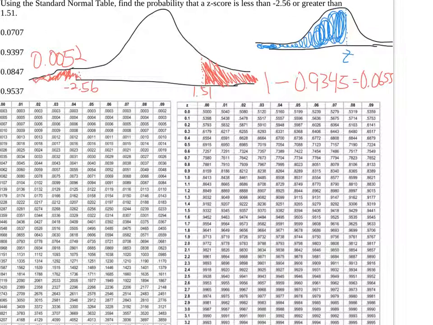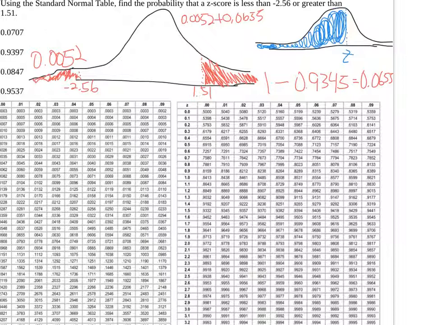So we're just going to add these two together: 0.0052 plus 0.0655.